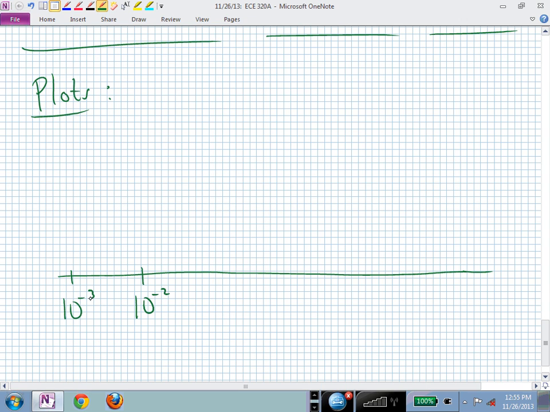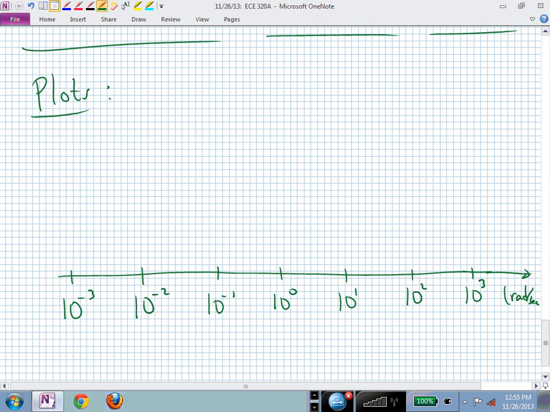Let's say this is now going to go back 10 to the minus 3. And then here's 10 to the minus 1. Here's 10 to the 0, which is 1. There's 10 to the 1. Uh-oh, I'm going to run out of space. 10 to the 2. 10 to the 3. This is radians per second.